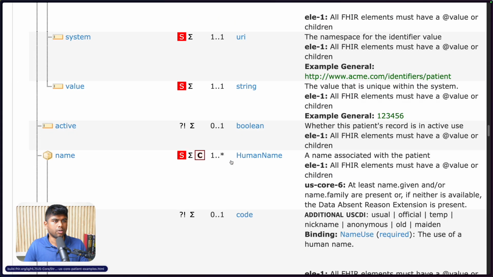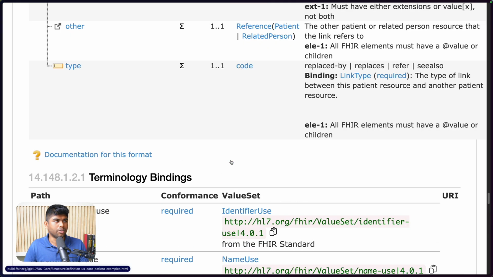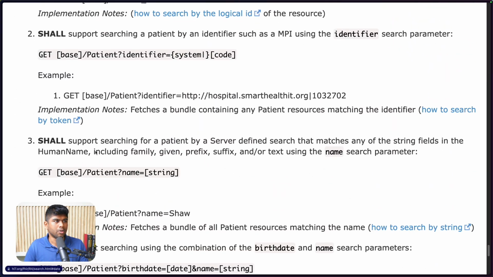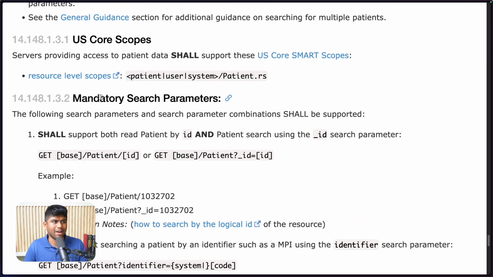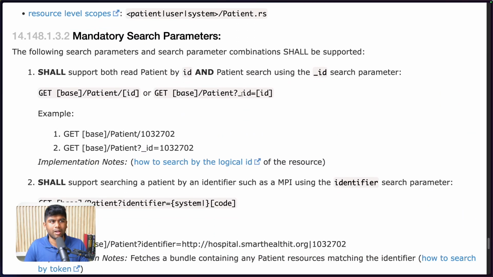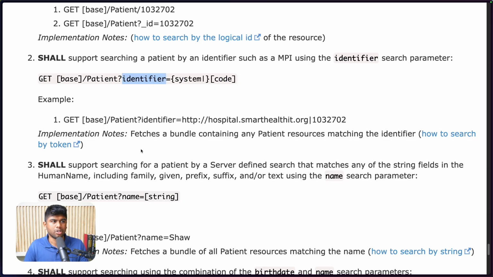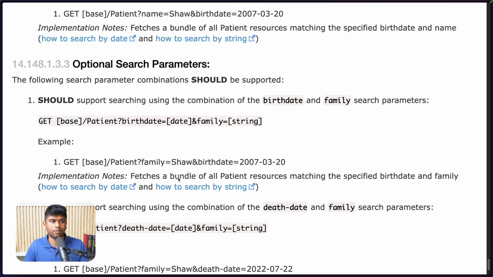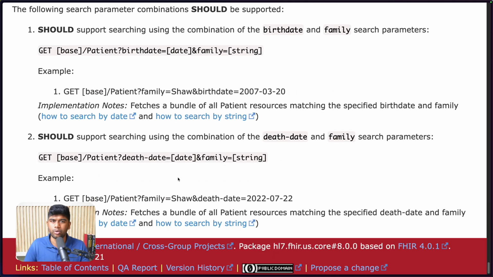They have all of these terminology bindings, but they only have a few search parameters that are mandatory. You need to be able to search by _id, identifier, name, and birthdate, and then all of the rest is optional. You can support it if you like.